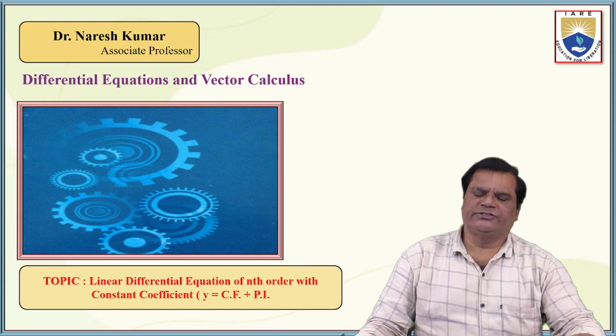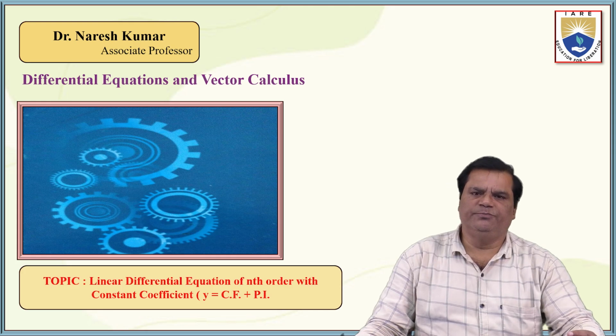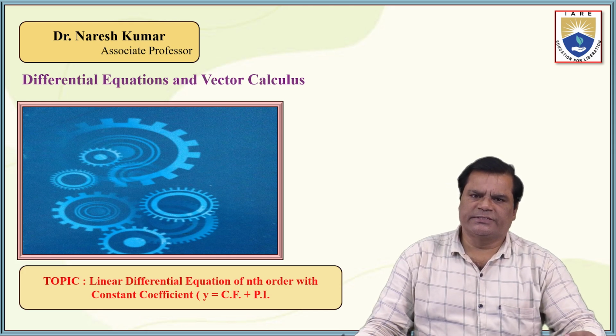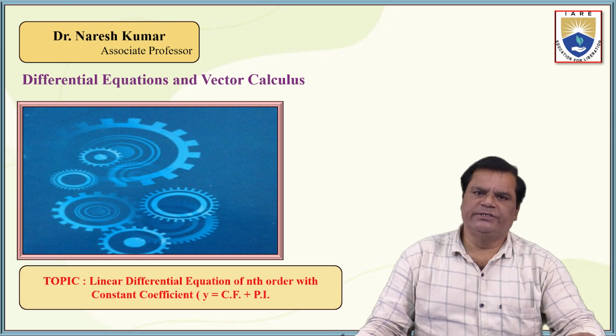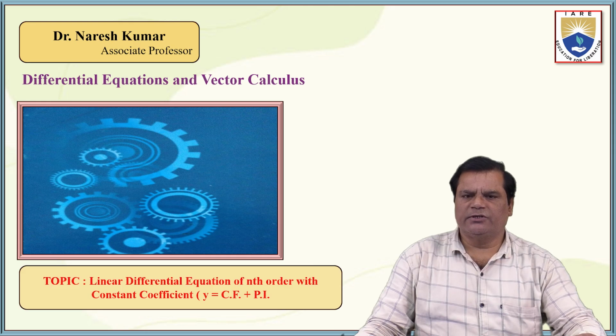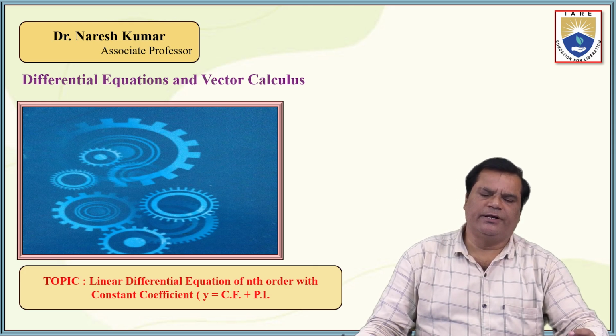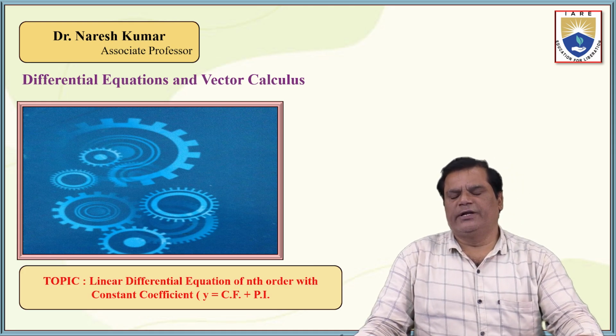But in case 6, v is different, and in case 7 also v is different. We have already discussed when v is a trigonometrical function, sin ax or cos ax, then how we can find the PI. But in this case, if v is an algebraic function, then how we can find a particular integral. So here we discuss the particular integral in detail.